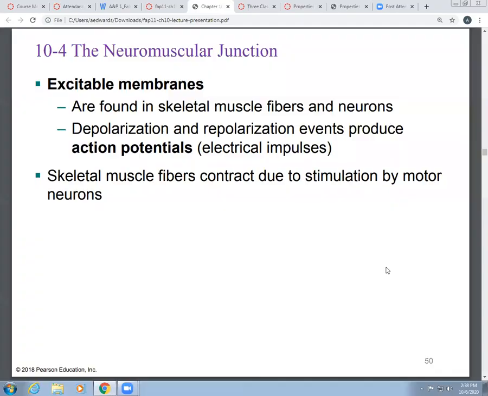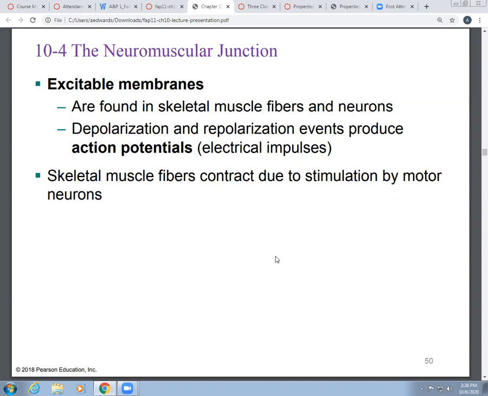So in your skeletal muscle fibers and your neurons, you have what we call excitable membranes. And you get what we call depolarization and repolarization.